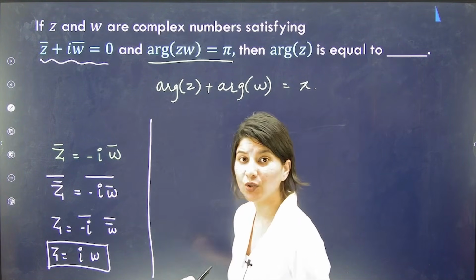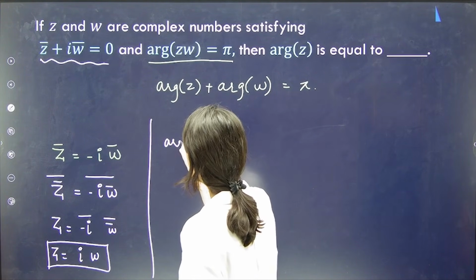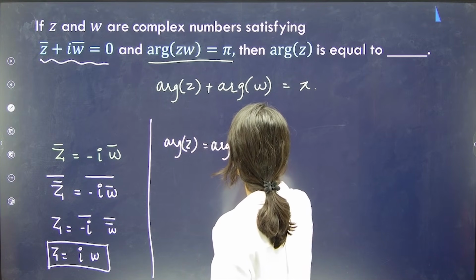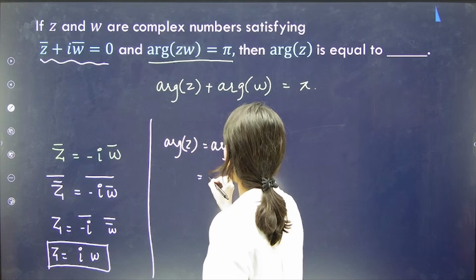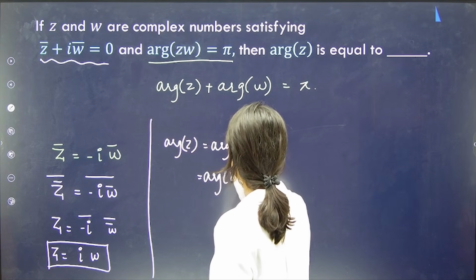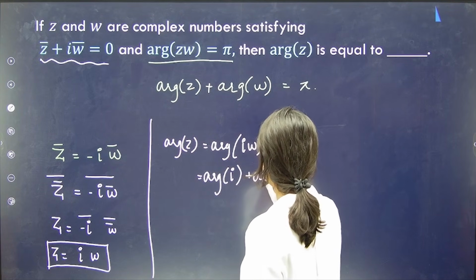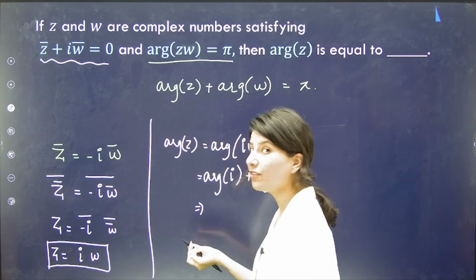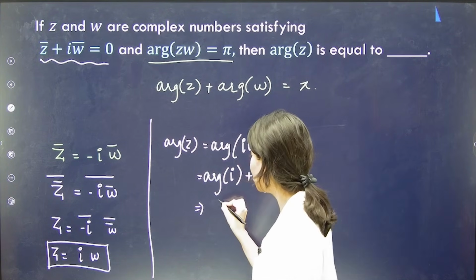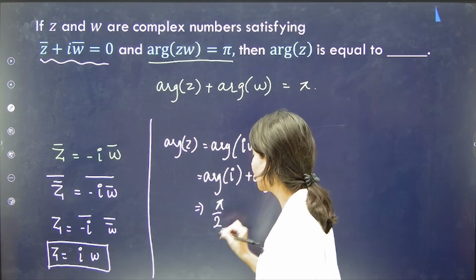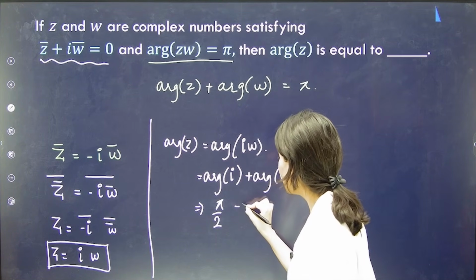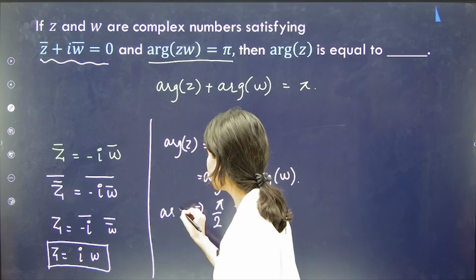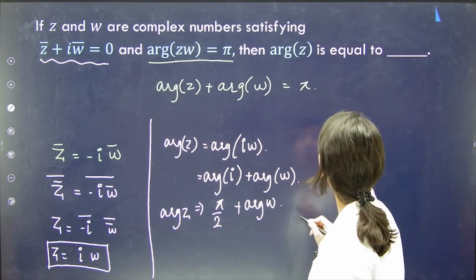Now take argument on both the sides. Argument z is equal to argument of iota omega, which is argument iota plus argument omega. Argument of iota, we know that is pi by 2, purely imaginary positive number. Pi by 2 plus argument omega. This is your argument z. What are we looking for? Argument z.